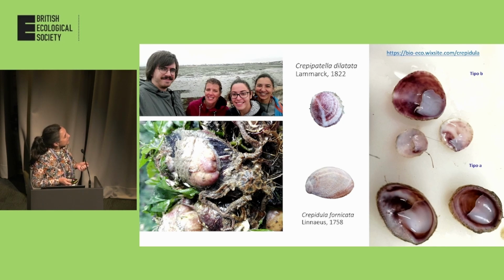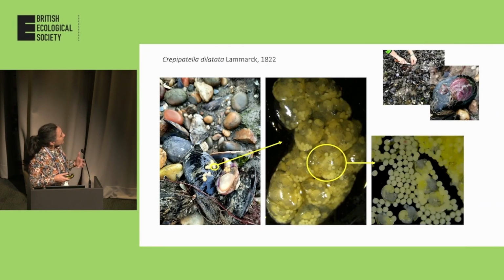But it's a very small species. It's not easy to see, it's not easy to spot, and it poses challenges. So we were trying to understand a bit more of the species. It thrives very well in estuarine environments. It's a gregarious, protandric species, hermaphrodite, and it lays eggs.